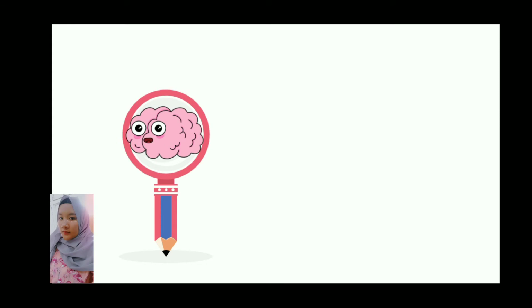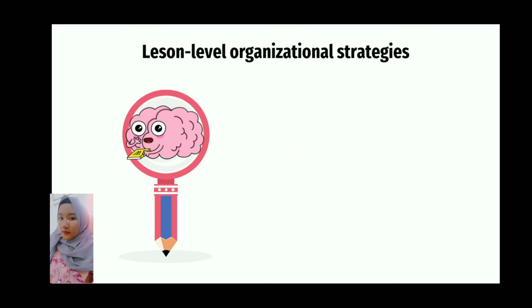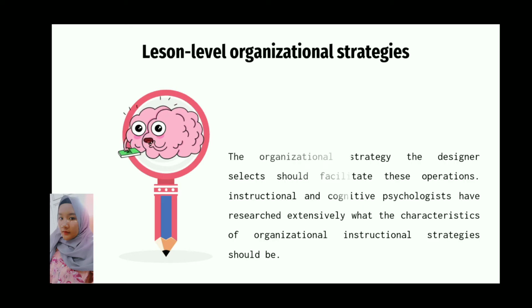Okay, now let's move on to the lesson level organizational strategies. In the organizational strategy, the designer selects strategies that should facilitate these operations. Instructional and cognitive psychologists have researched extensively what the characteristics of organizational instructional strategies should be.